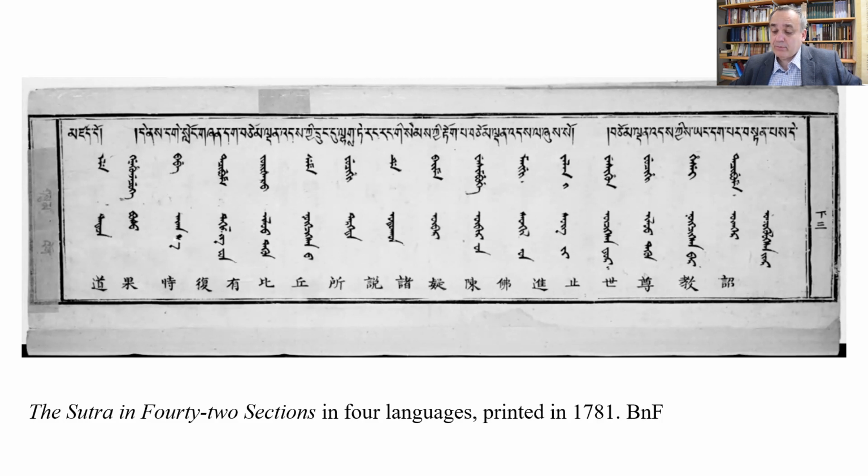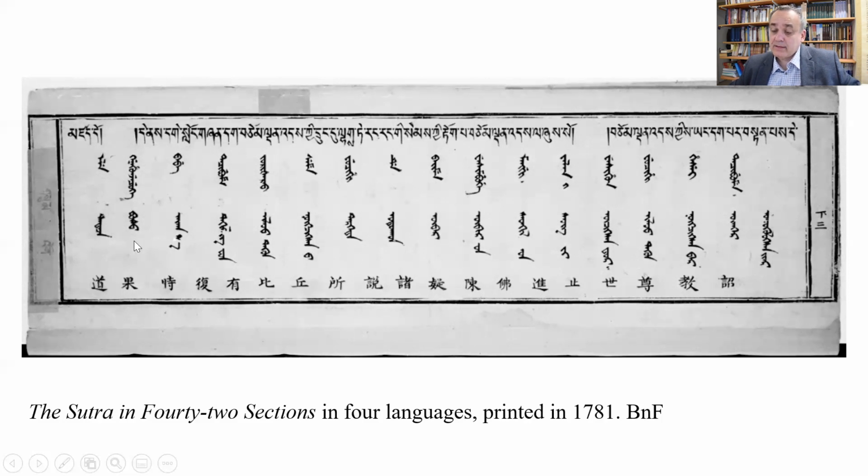And so, for example, here, this text is the sutra in 42 sections, and it's written in 4 languages. So you have Tibetan, Mongolian, Manchu, and then Chinese. And as you can see, the Chinese is written from left to right.